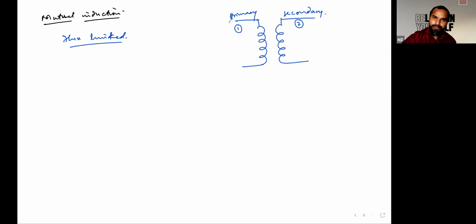In the primary would be the source of EMF, means the battery would be connected with the primary one. So the flux linked with the secondary with respect to the primary would be directly proportional to the current changing in the primary coil. If you remove this proportionality term, it would equal some capital M times I. This capital M is called the coefficient of mutual inductance.